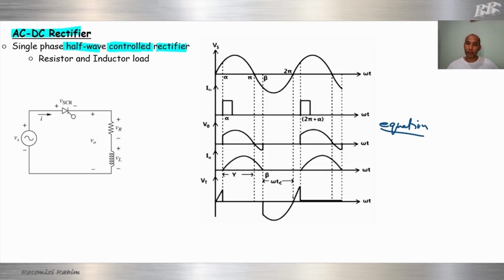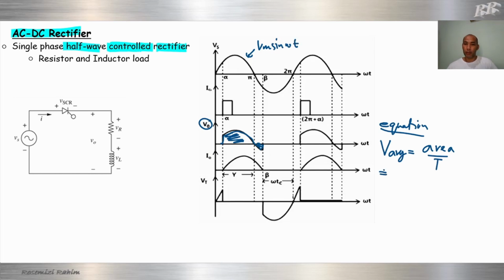First equation, as usual, V average equals area under the curve over period. For V out, the average is the area under the curve. Our graph is Vm sine omega t.